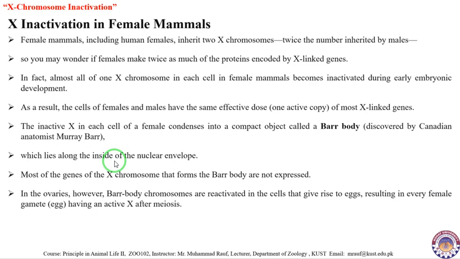In the ovaries, however, bar body chromosomes are reactivated in the cells that give rise to eggs, resulting in every female gamete having an active X after meiosis. So at the time of gametogenesis, oogenesis, when the oocytes are formed, both chromosomes are activated.